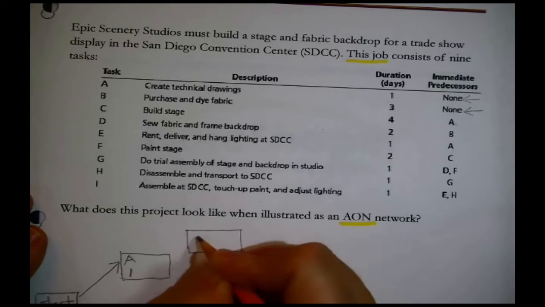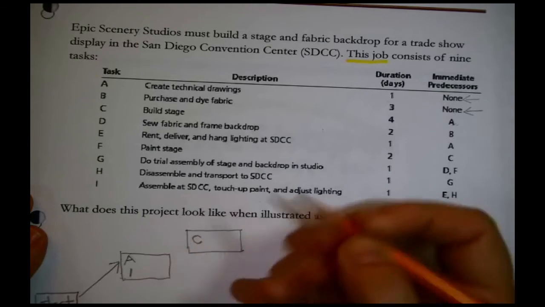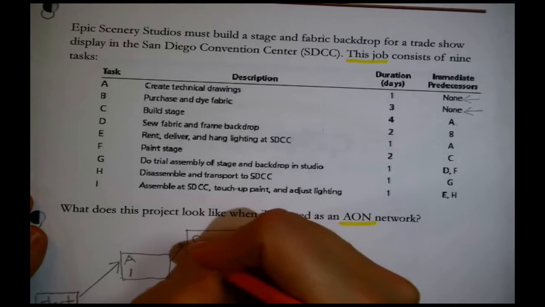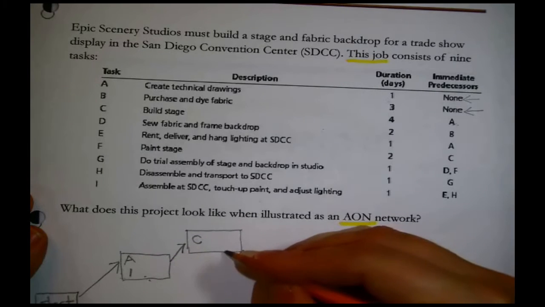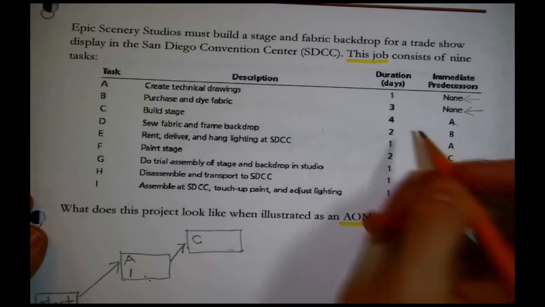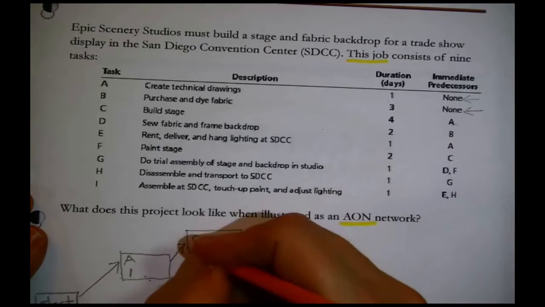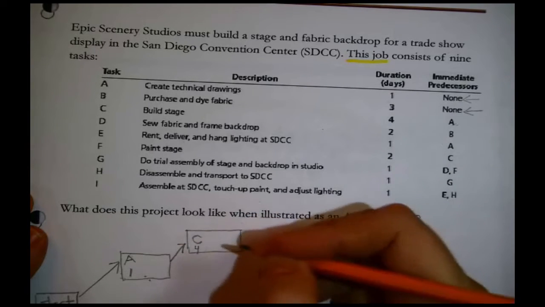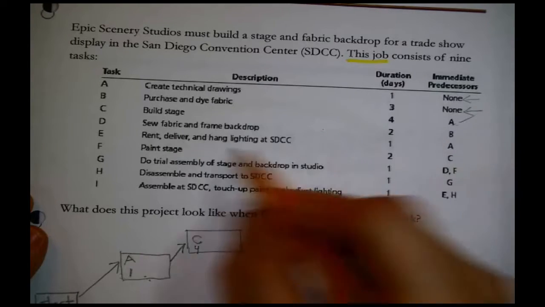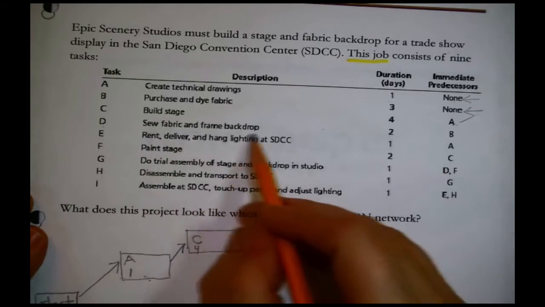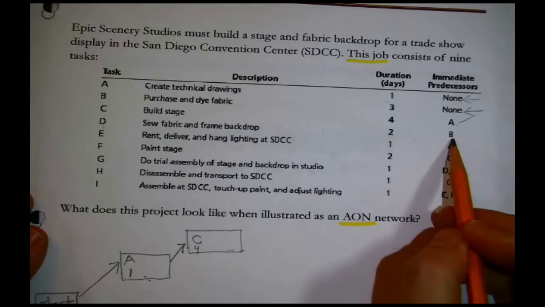Here's C, build the stage, and here's how we illustrate the fact that you have to complete the drawings, that was A, before you build the stage. That's C. And I'm going to jot the duration on there. That's 4 days worth of work. There, C's done. I noticed that D, sew fabric and frame backdrop, has B as an immediate predecessor.